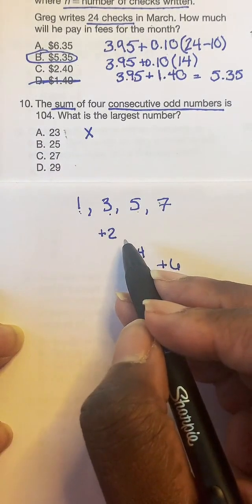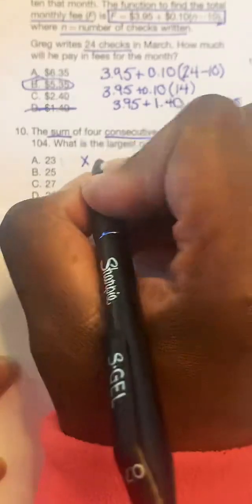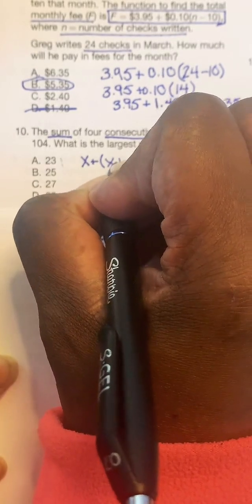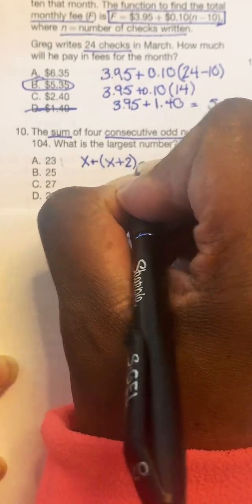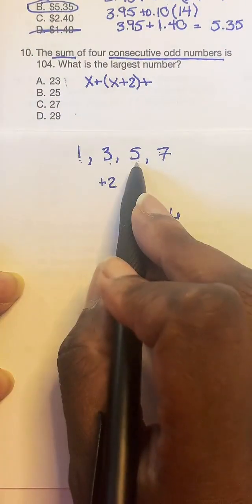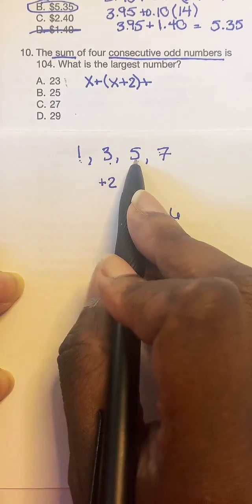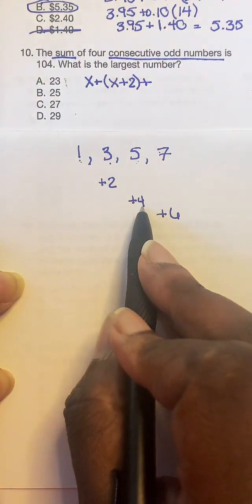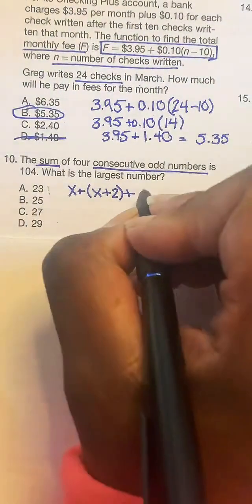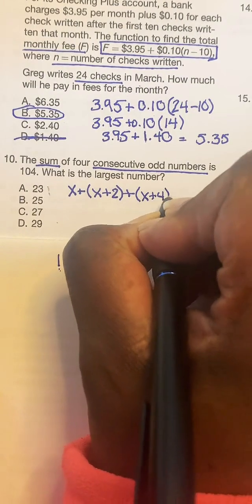If I start at 5 and I want to get to 7, I still have to add 2. So what will represent my second number is going to be X plus 2. And to get to my third number, if I want to start at 1 and I want to get to my third number, I have to add 4. So my next number will be x plus 4.